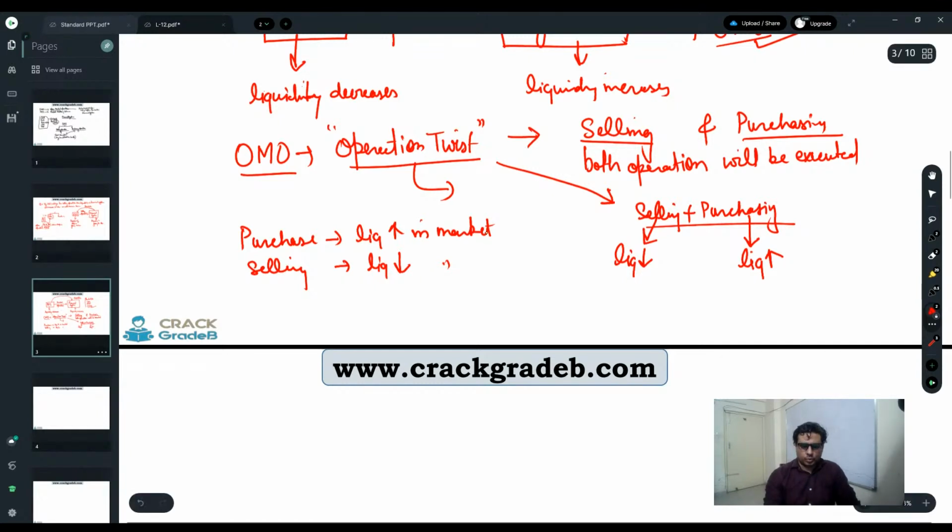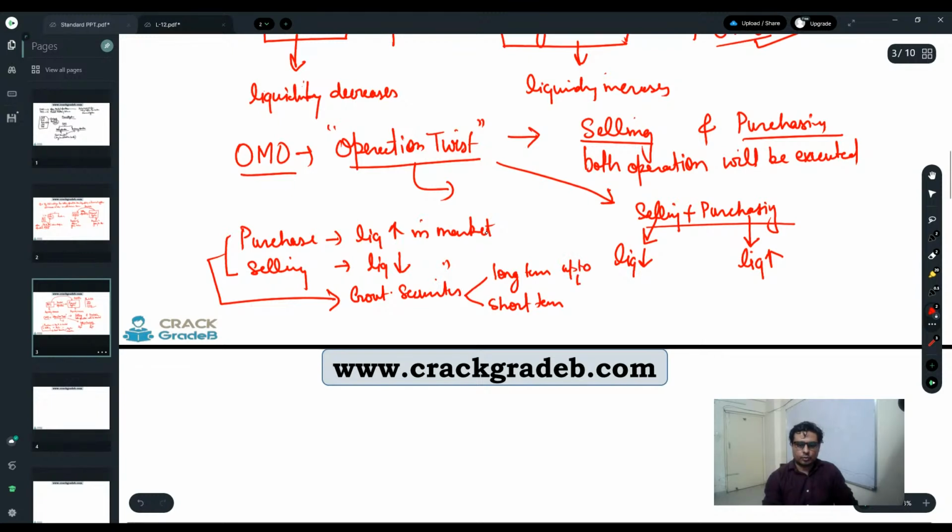And I told you what they are going to sell and purchase. They are going to sell and purchase under this open market operation government securities, and I told you they are of long term as well as short term, right?